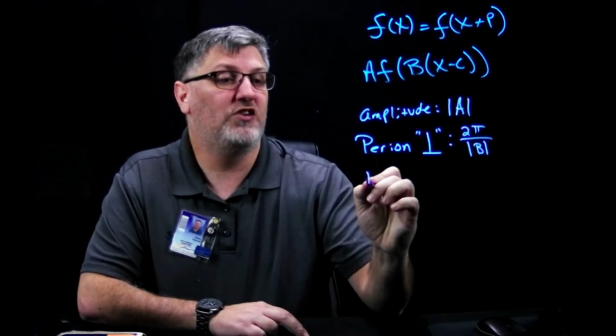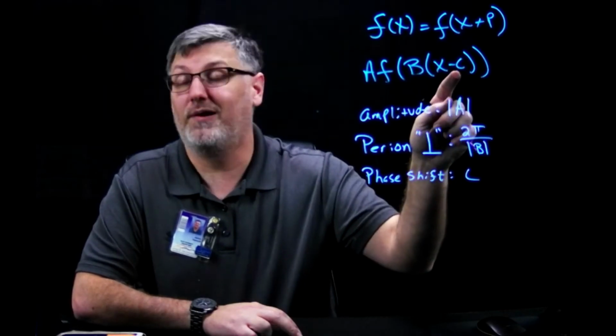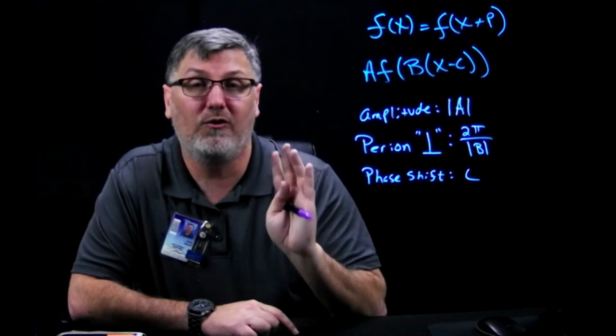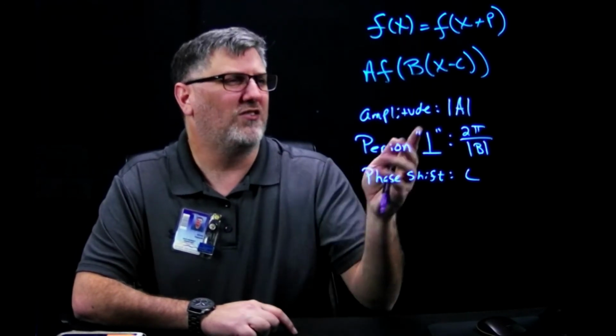And then my phase shift is just C. If it's plus 8, then you're moving to the left 8 units. So it still works exactly like a horizontal translation, but we're going to call it a phase shift using the correct vocabulary.